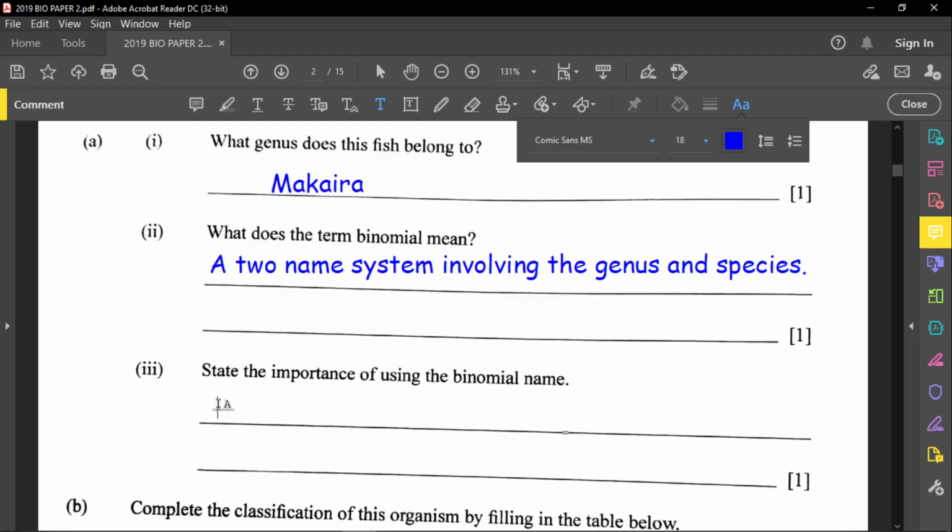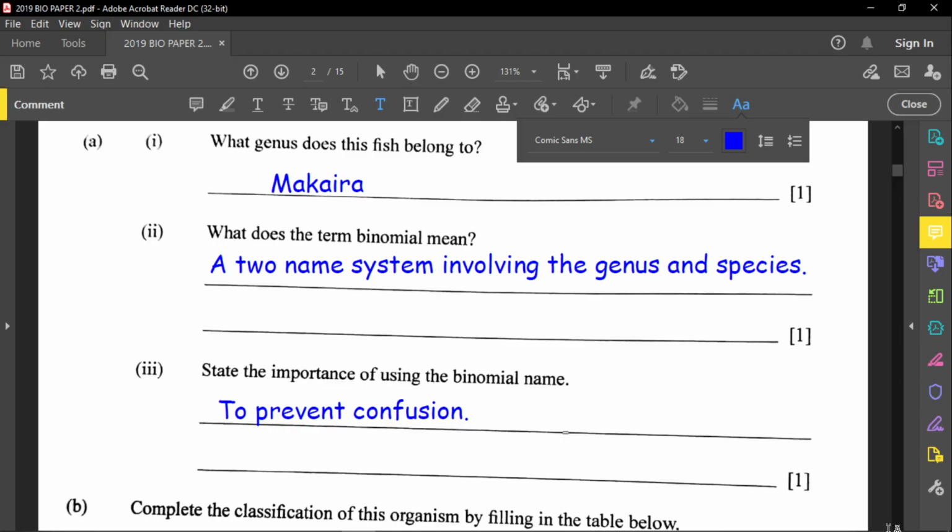So this is to prevent confusion, because the name is used internationally. So you can make a note of that, that the binomial name or the scientific name is used internationally.